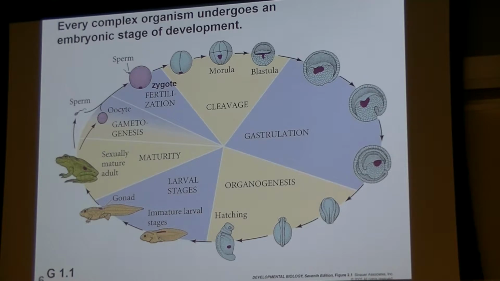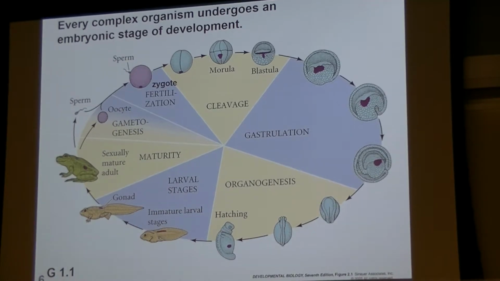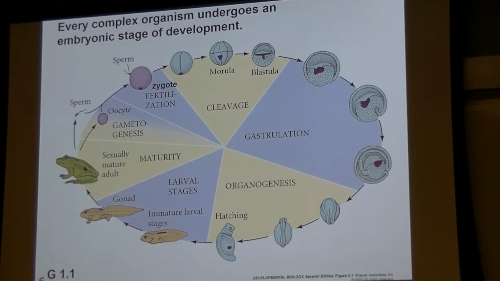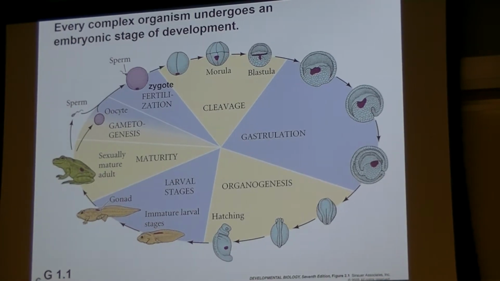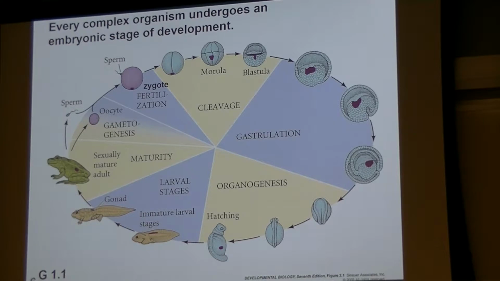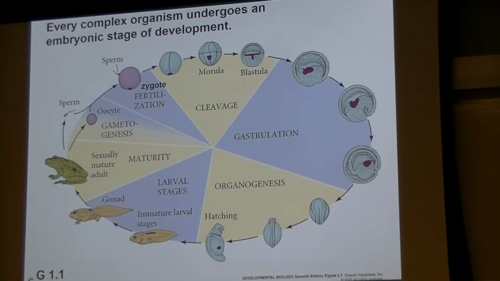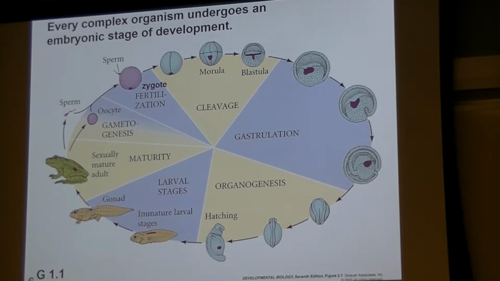So we want sperm of species A to fertilize the eggs of species A and not of species B. So with 2 or 3 different species of sea urchins living in the same environment in the ocean, there needs to be some mechanism there so that the correct sperm fertilizes the correct eggs and the species can be propagated. So we'll learn about some of the mechanisms behind fertilization.